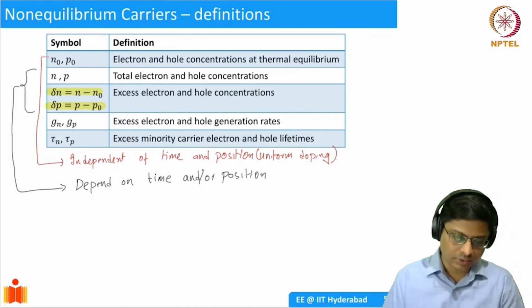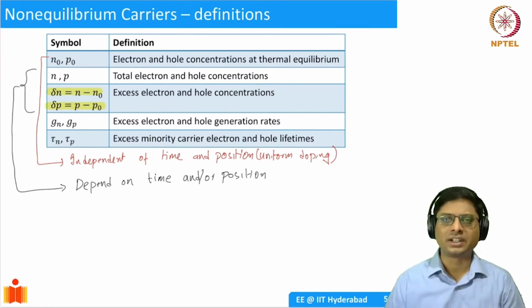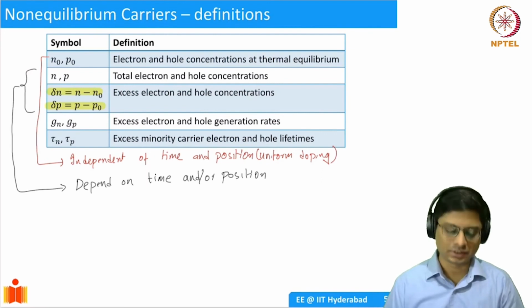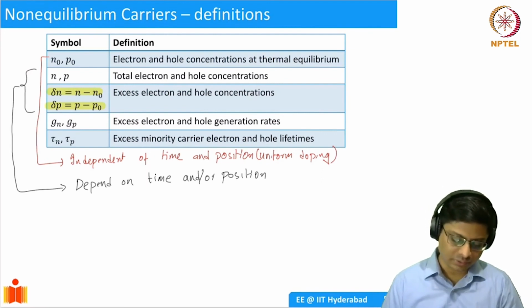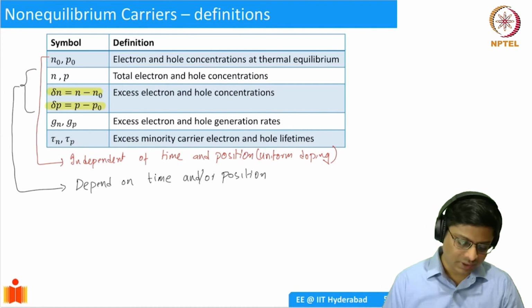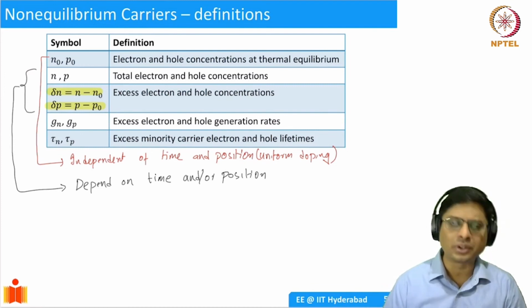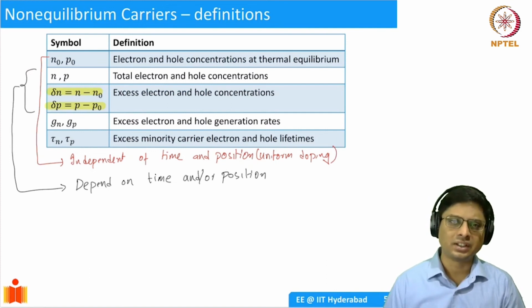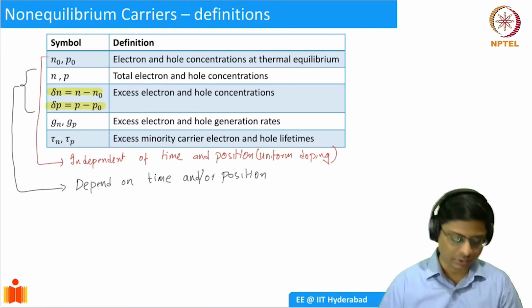It depends on what particular excitation we have and where the excitation is located. Then there are Gn and Gp, which we are essentially calling the excess electron and hole generation rates. So how many carriers are being created per second.